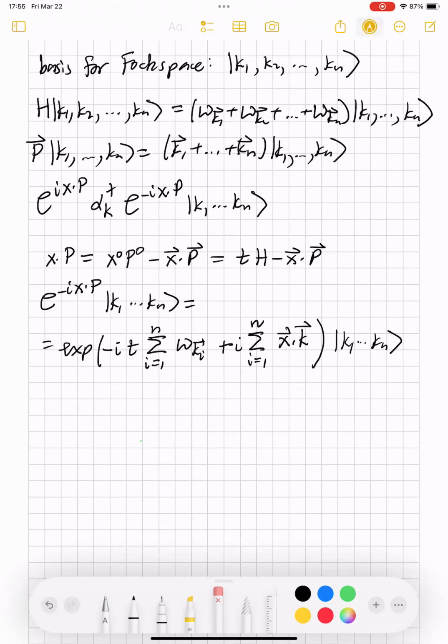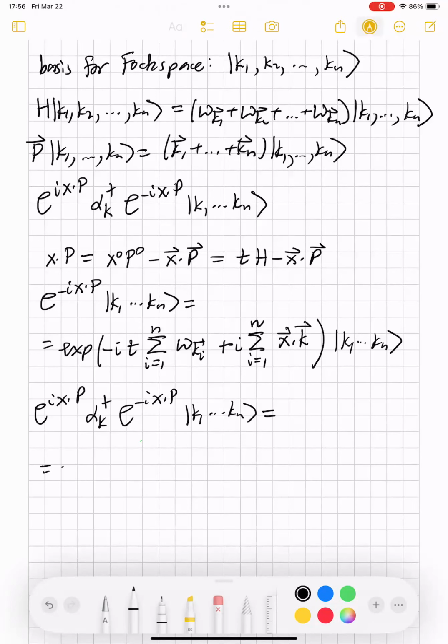All right. So if we now take e to the ix dot p, alpha k dagger, e to the minus ix dot p on this function, what is this equal to?